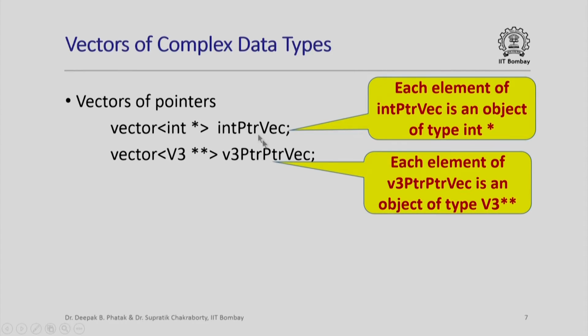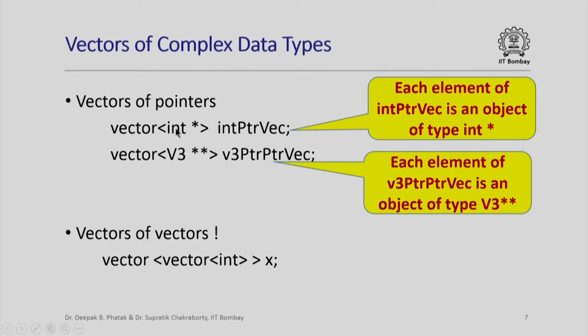Recall that when I declare vectors like this and do not specify their sizes, this vector object gets created with default size 0. So in both of these cases, I have basically created two vectors of size 0. However, this is a vector of integer pointers and this is a vector of V3 pointer pointers.